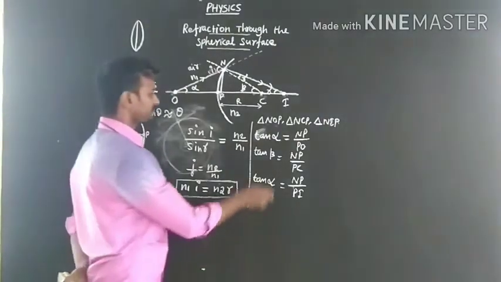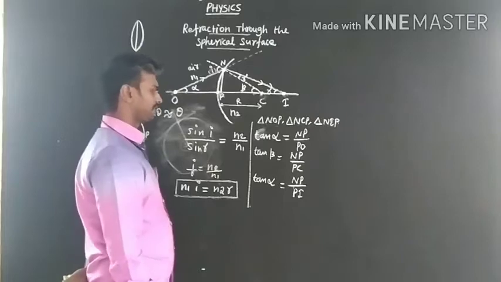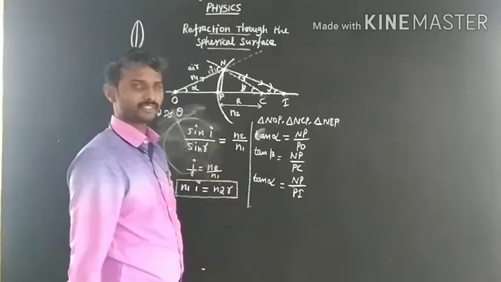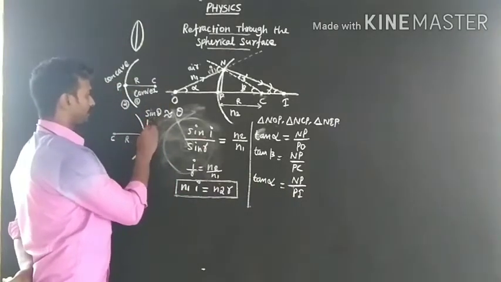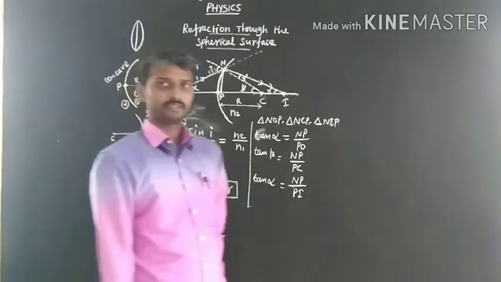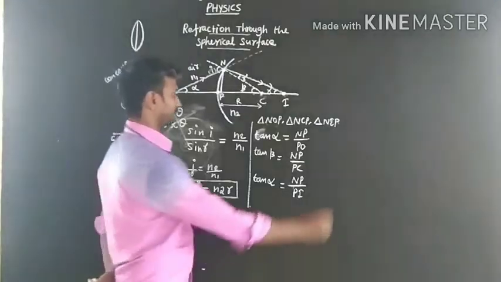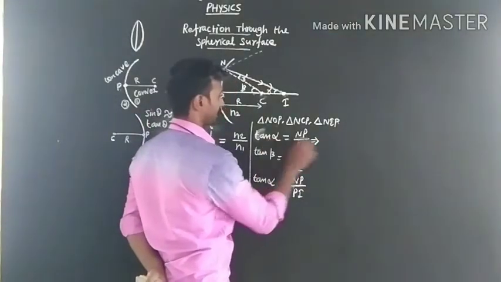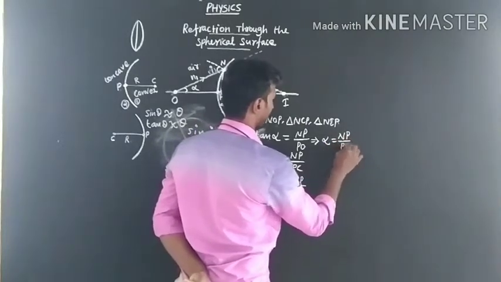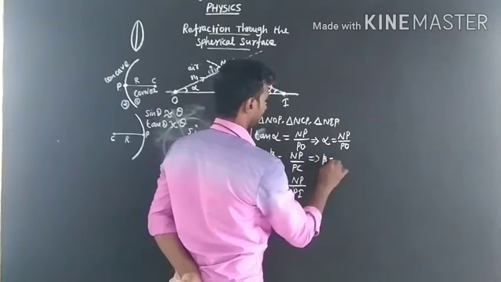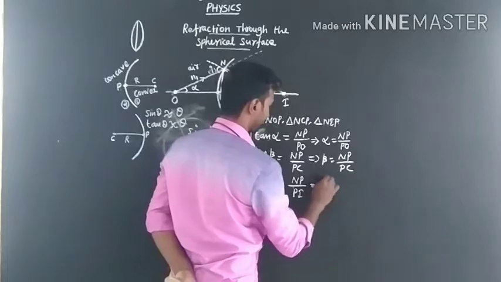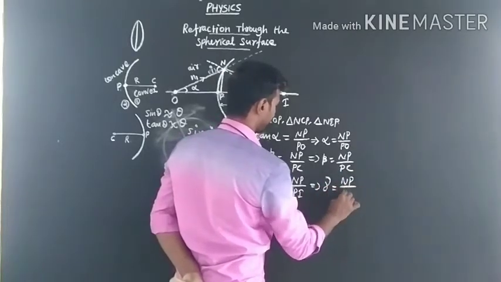Okay, similarly, for the smallest angles alpha, beta, gamma, tan theta is also approximately equal to theta. For the smallest angle, tan theta is approximately equal to theta because tan 0 is equal to 0, and sin 0 is also equal to 0. Therefore, we get for the smallest angle, alpha equal to NP divided by PO, beta is equal to NP divided by PC, and gamma is equal to NP divided by PI.